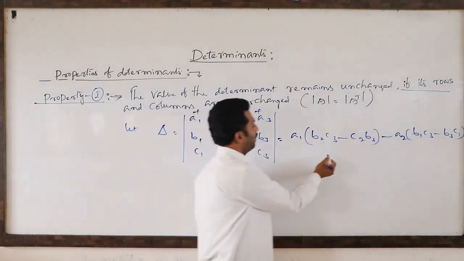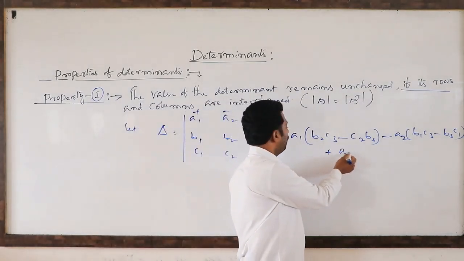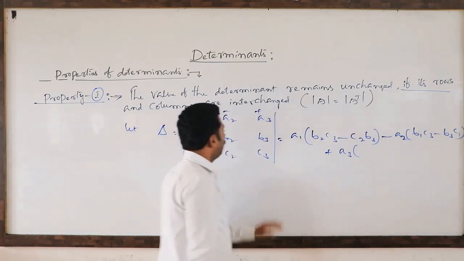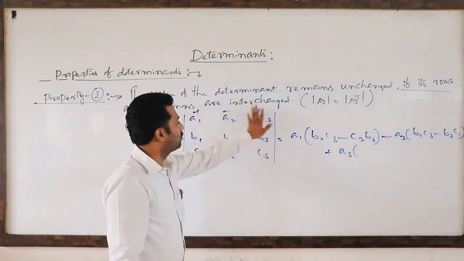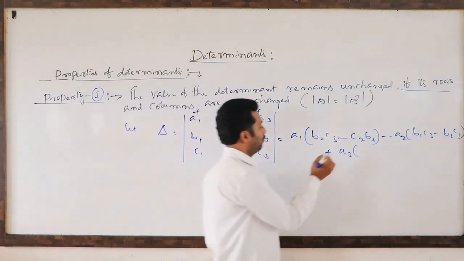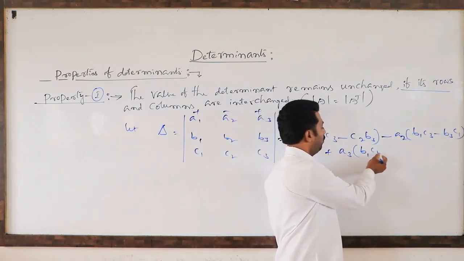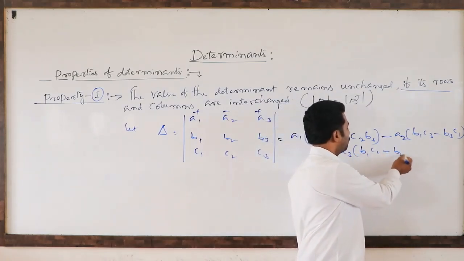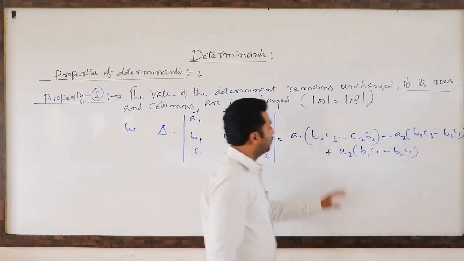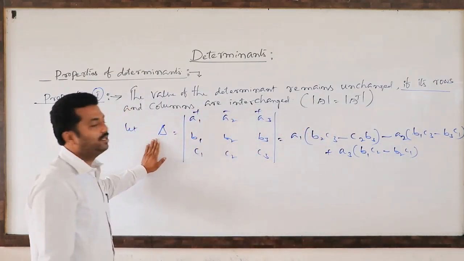Next, plus the last element A3. If I close this column and the corresponding row, B1 C2 minus B2 C1. So this is the value of the determinant, that is delta.